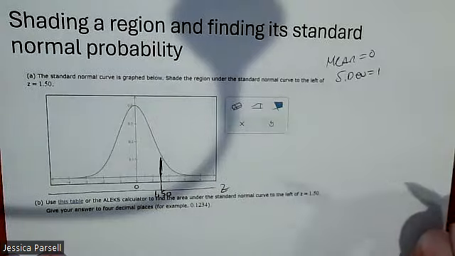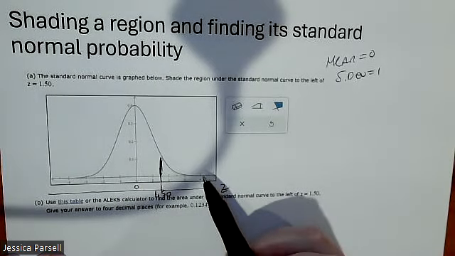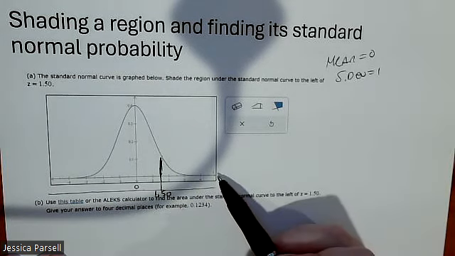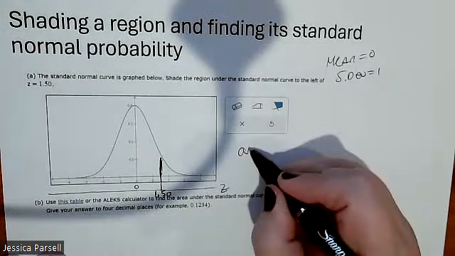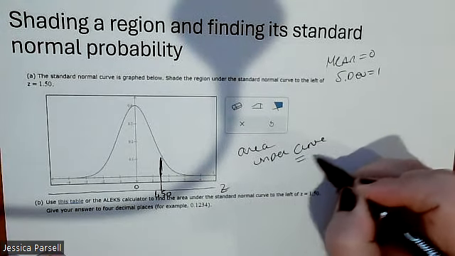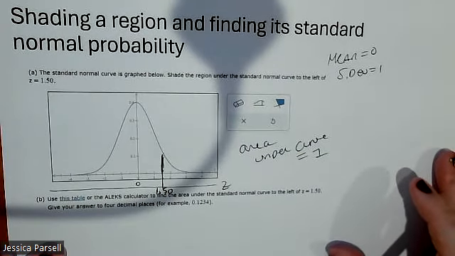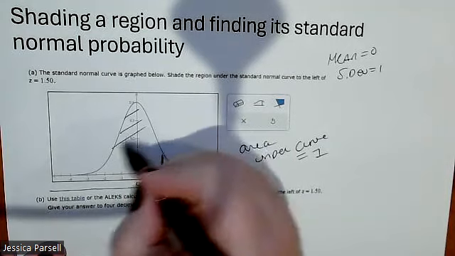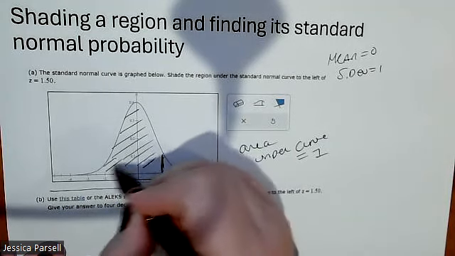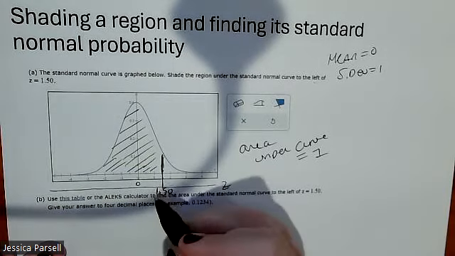Something we need to make sure we know is that the area under this curve is just like with those other problems, always equal to 1. Yep, you guessed it if you were thinking 1. So they're looking to see how much of this area is taken up to the left of z equals 1.50.